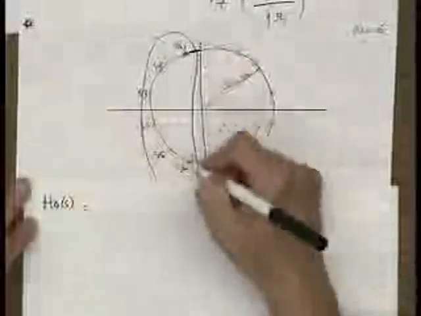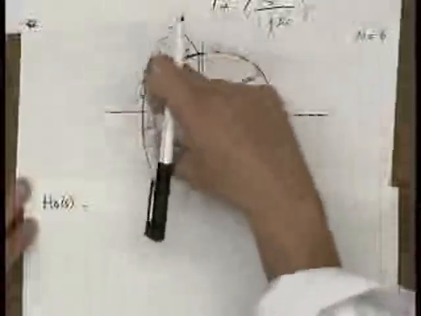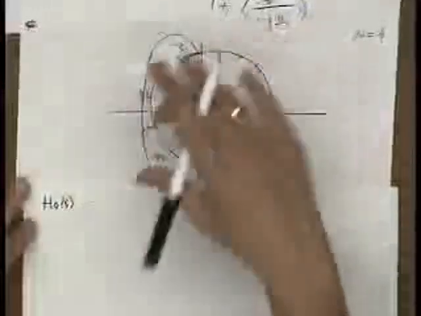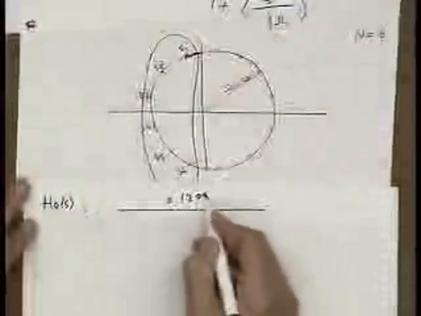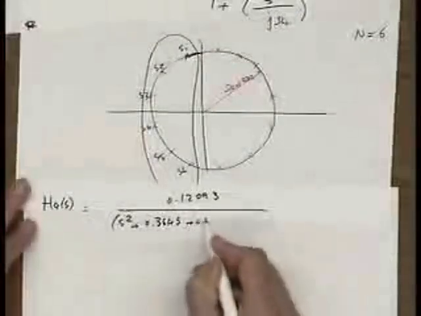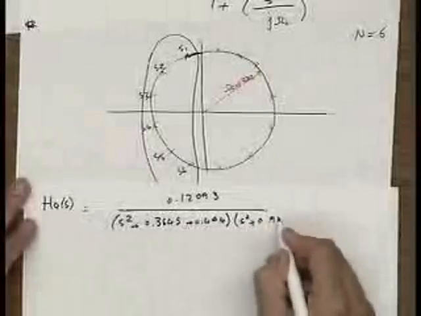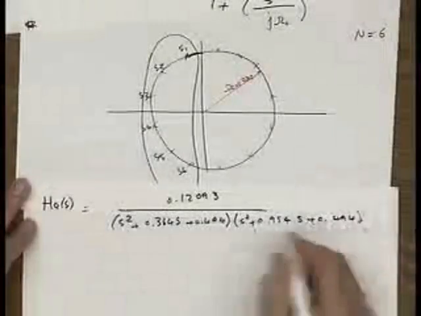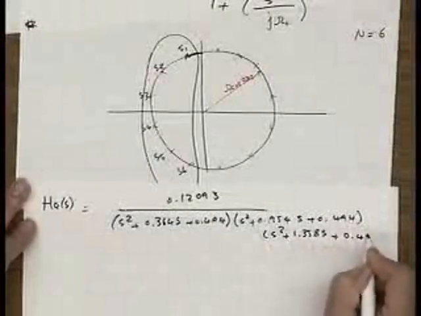Well, S1 and S6 are complex conjugates, S2 and S5 are, and S3 and S4 are, and therefore I can combine the complex conjugate pairs together, and what I get is something of this nature: s squared plus 0.364s plus 0.494, and then s squared plus 0.954s plus 0.494, times s squared plus 1.358s plus 0.496.